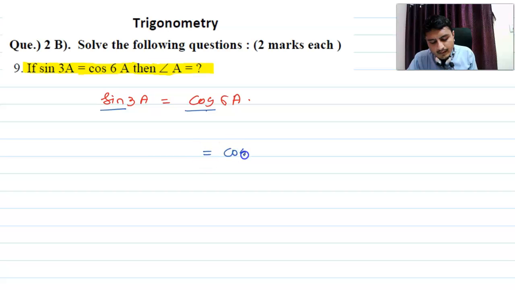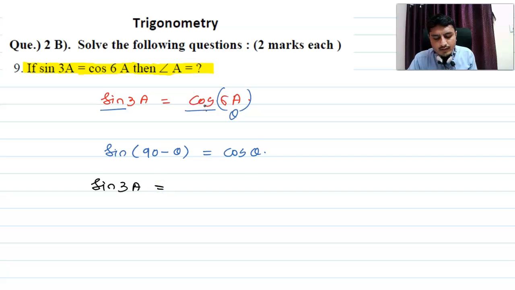As per the complementary angle formula from trigonometry, we can write sin of 90 minus theta is cos theta. Here theta is 6A. So we can now write sin of 3A equals, converting the cosine ratio in terms of the sin ratio, sin of 90 minus 6A.